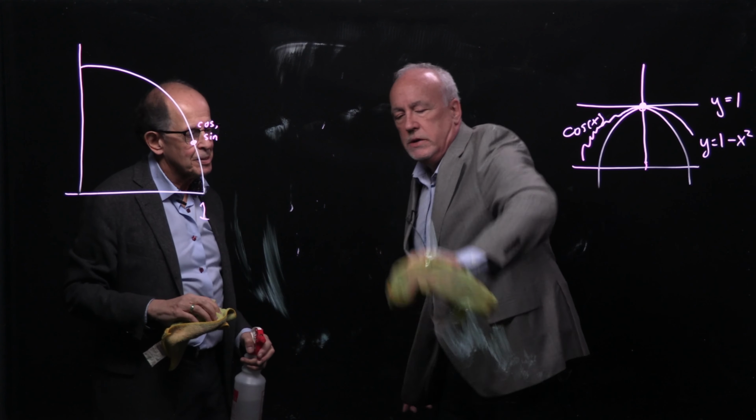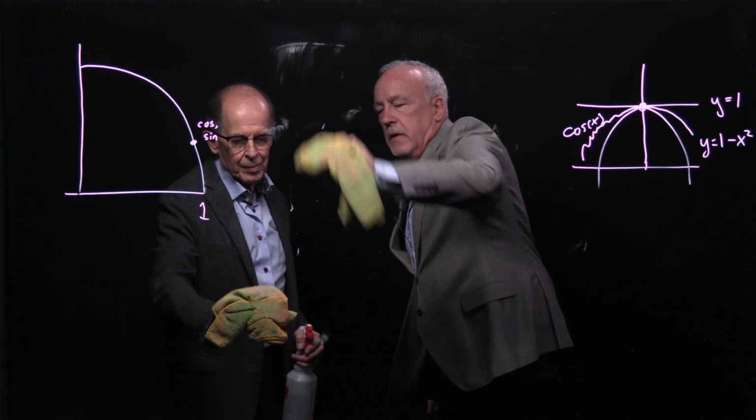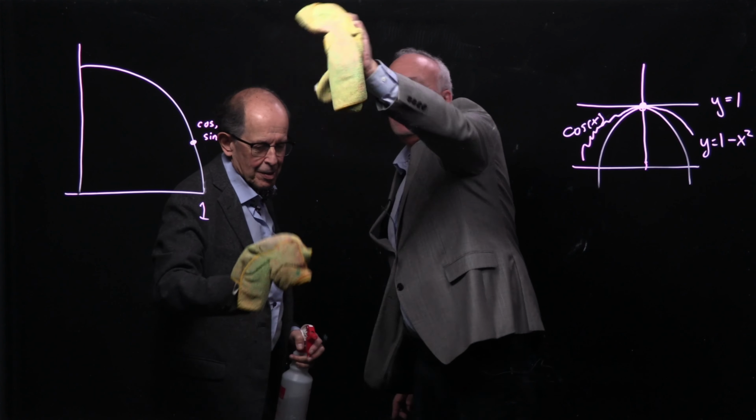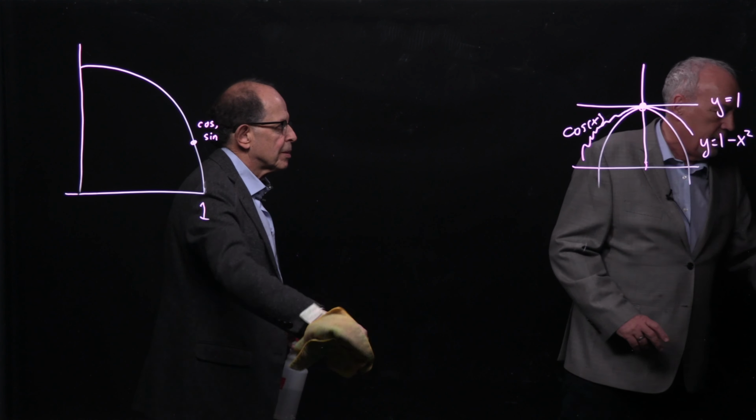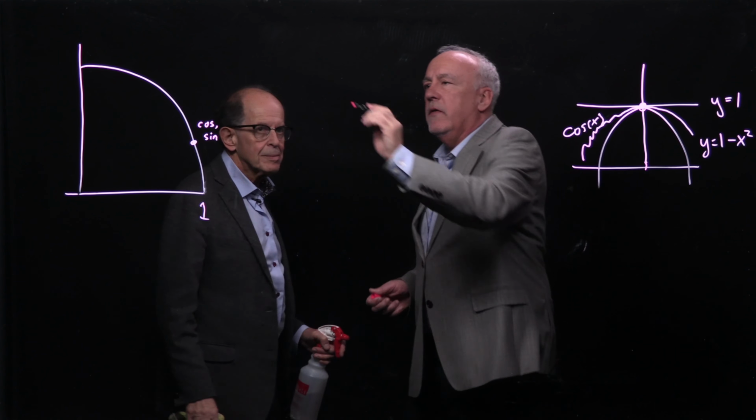So what I'm going to do is, we know a bunch of trig formulas, and let's not worry too much about where the trig formula comes from. We could talk about that another time. But here's a very famous trig formula.